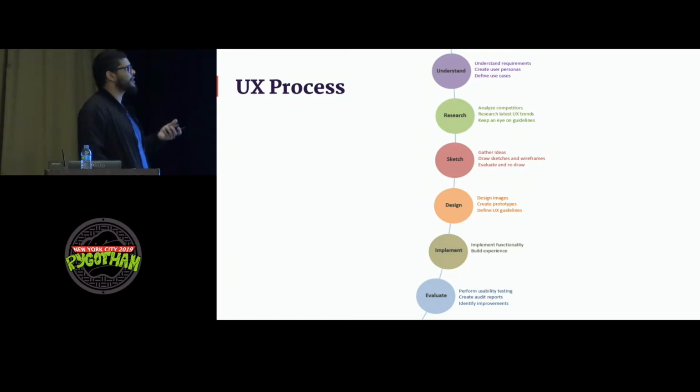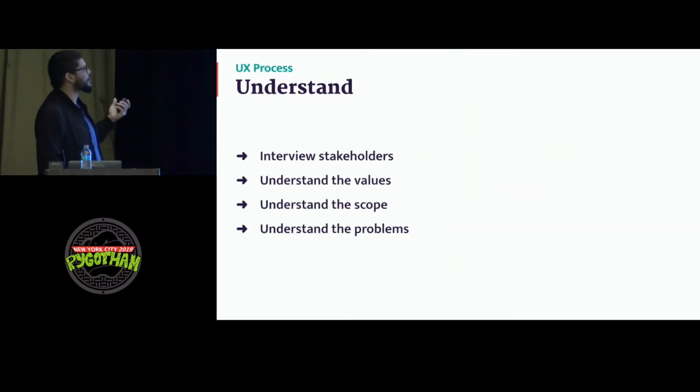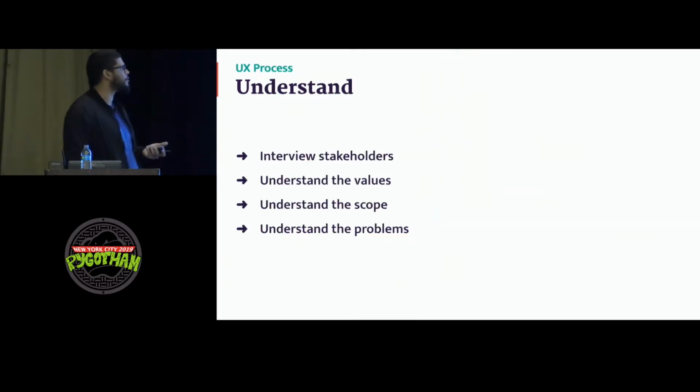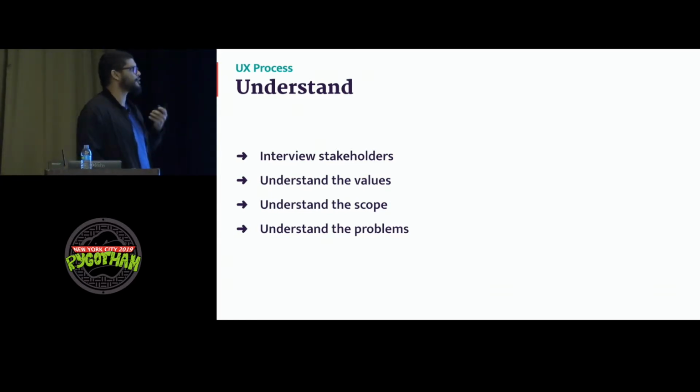We go from understanding to research, sketch, design, implement, and evaluate. Usually, a UX process is a cycle. So when you do everything, you go back to understand the next big feature you need to create. But OK, to understand, you have to interview stakeholders, understand the value, understand the scope, understand the problems.